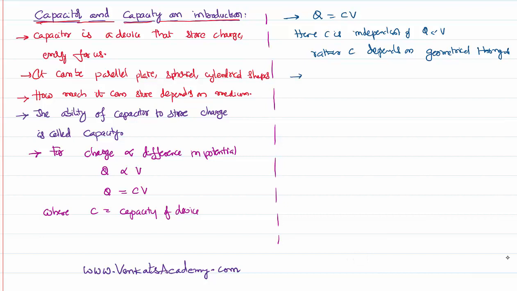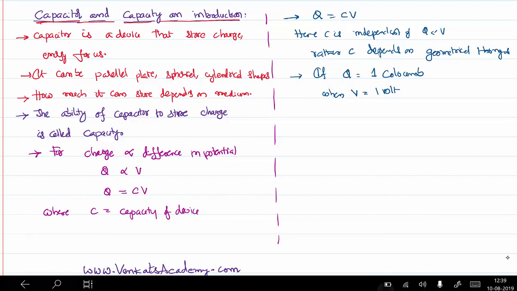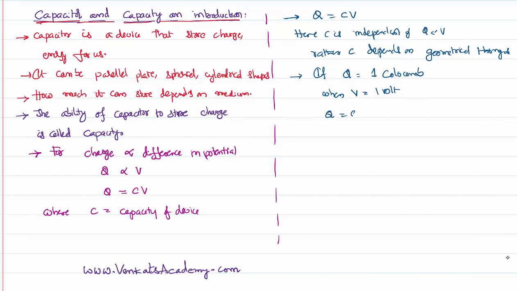Anyway, we can define: if Q equals 1 coulomb when V equals 1 volt, what this means is that if there is a potential difference of 1 volt between the plates of a capacitor which is able to store a charge of 1 coulomb, then using the formula Q equal to CV, 1 coulomb equals C into 1 volt.